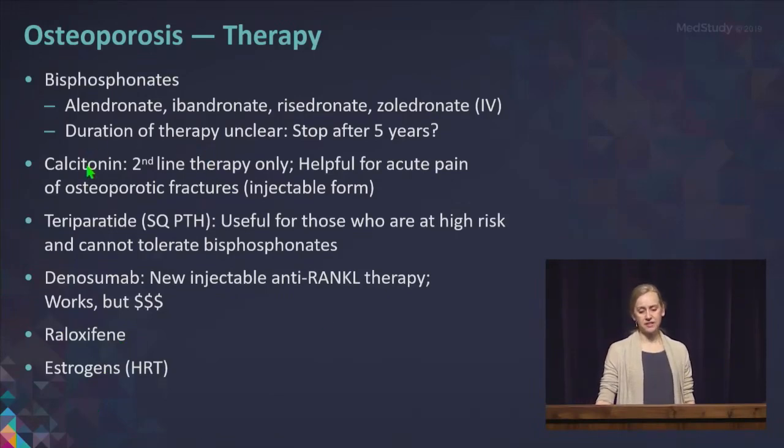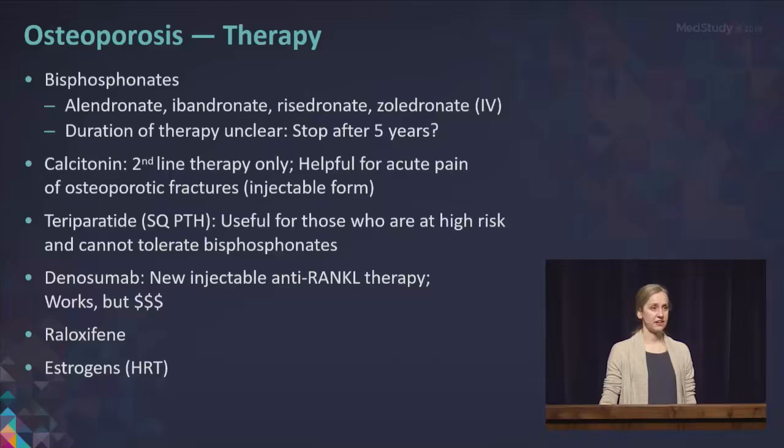Calcitonin is not as effective as these other ones. We use it mostly just for acute pain if there's an osteoporotic compression fracture in the spine. Teriparatide, which is subcutaneous PTH, is useful for people who can't tolerate bisphosphonates, but really the most effective of these secondary choices is denosumab, which is an injectable anti-RANK ligand therapy, right? So it basically turns off the osteoclasts.